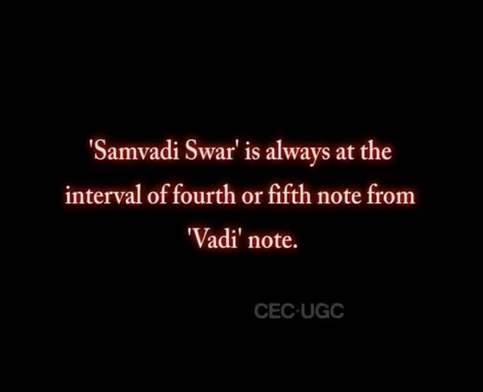Because as a principle, Samvadi Swar is always at the interval of the fourth or fifth note from Vadi Swar. For example, if the Vadi note of any rag is in Purvang or the first tetrachord of the scale, that is in between Sa Re Ga Ma Pa, this is extended Purvang, Samvadi Swar has to be in Uttarang or in between Ma Pa Dha Ni Sa, again this is extended Uttarang.